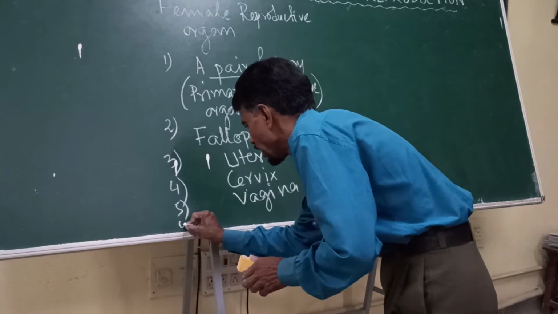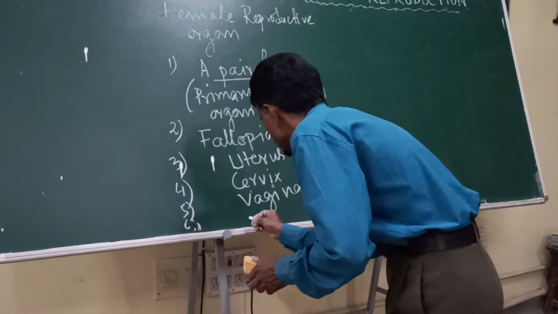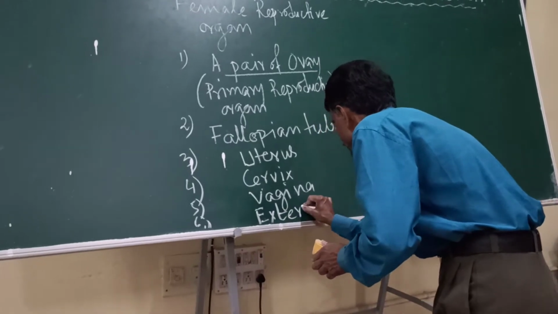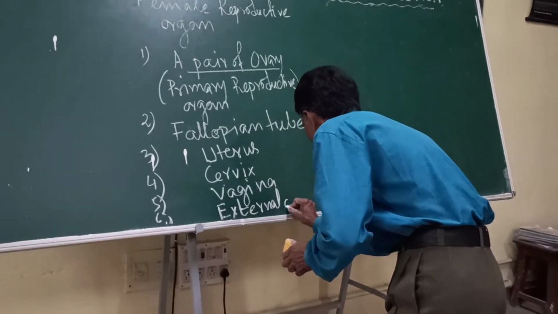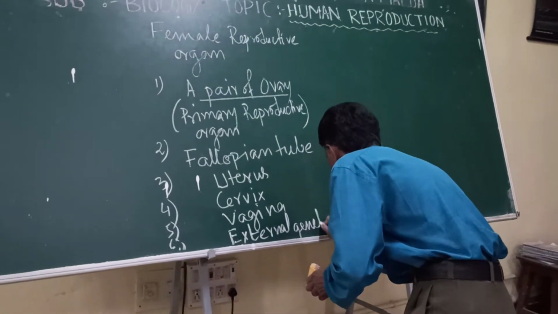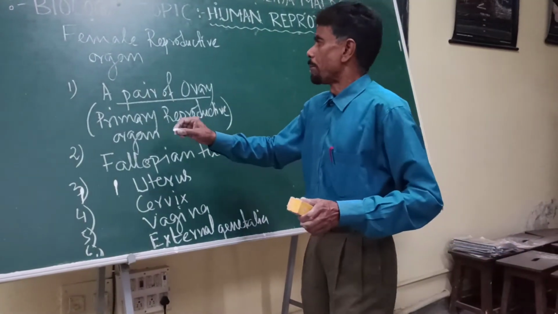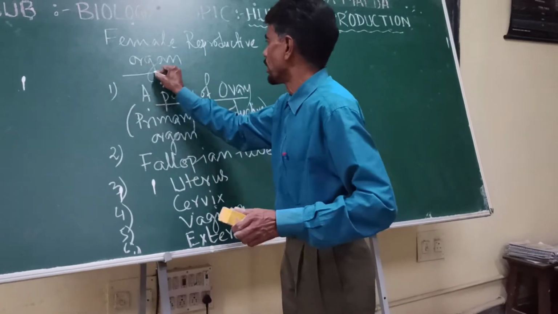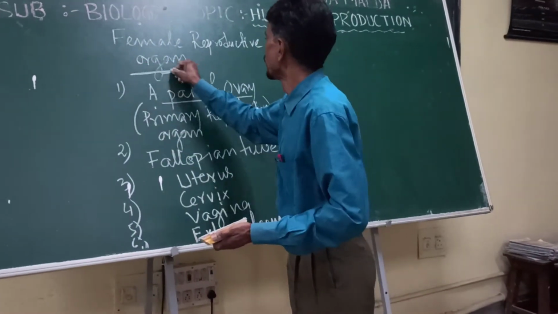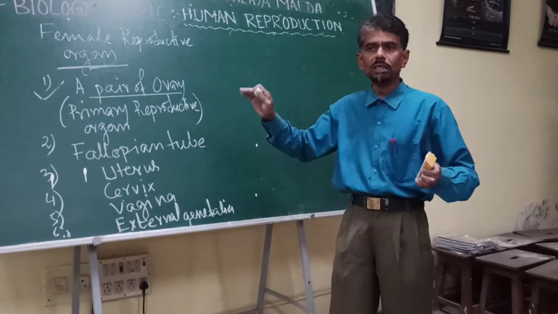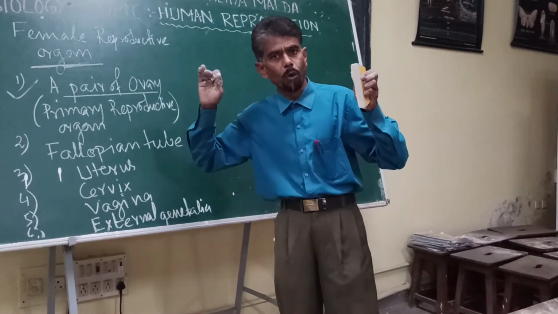And external genitalia. So, the female reproductive organ consists of a pair of ovary, which is the primary reproductive organ.